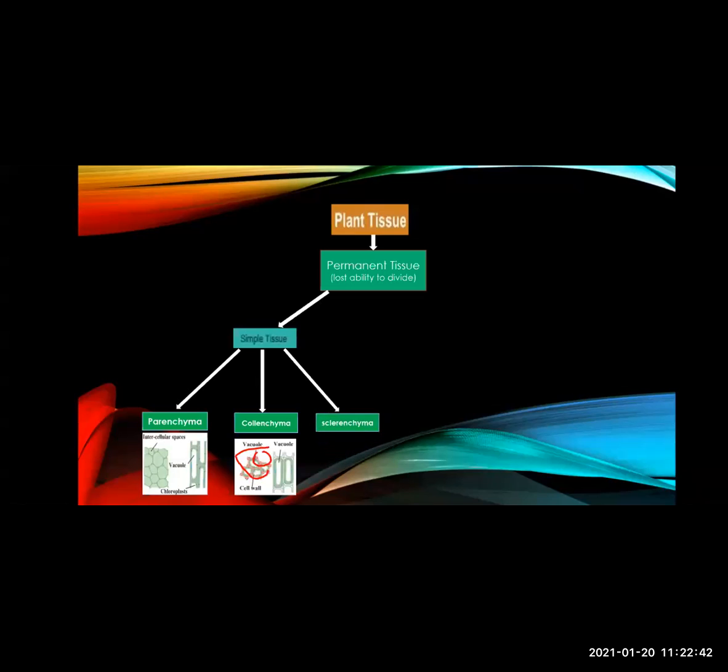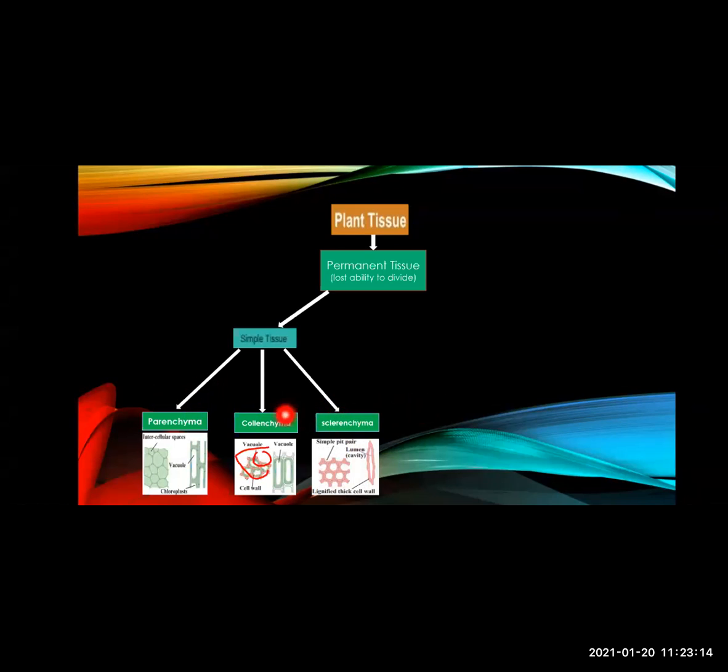The third cell type is sclerenchyma. These are also known as dead cells or the plant fibers. Remember, these two are the living cells, whereas sclerenchyma is known as the dead cells. In these, you see the cells are elongated and tapering at both the ends. And the cell wall is much thicker.